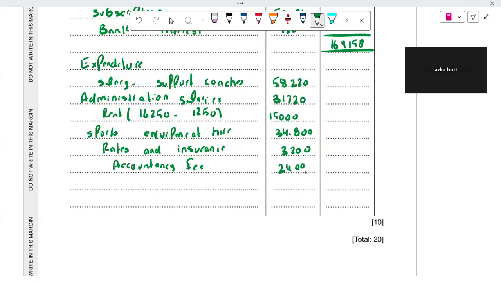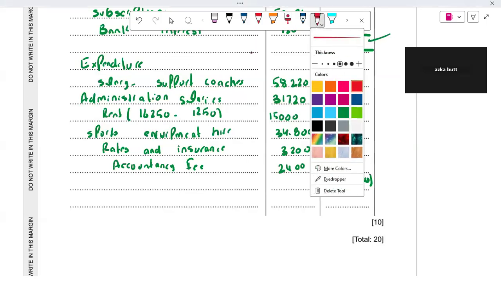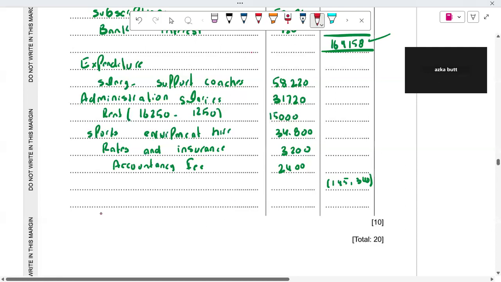Now add all these expenses and deduct from the income. So the total expenses are 1,45,340. Minus it from the income, and you'll get the answer for surplus for the year.